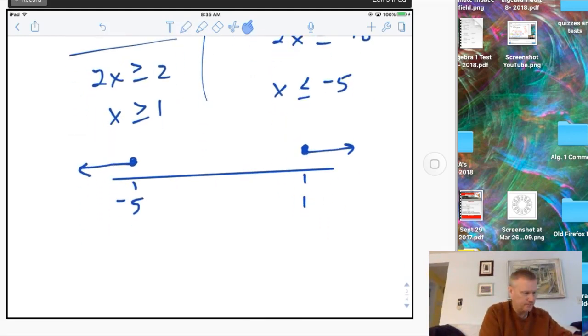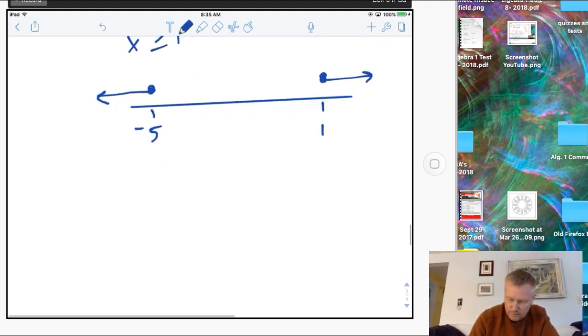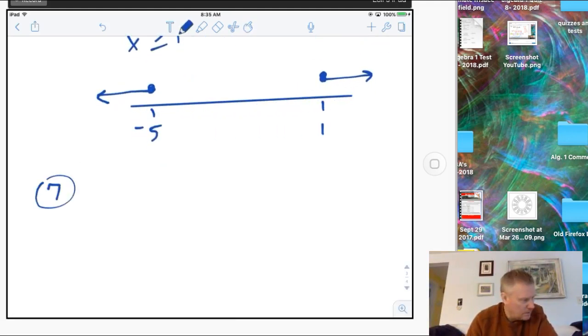Number 6. Write an inequality for 6 less than a number is at least 5.